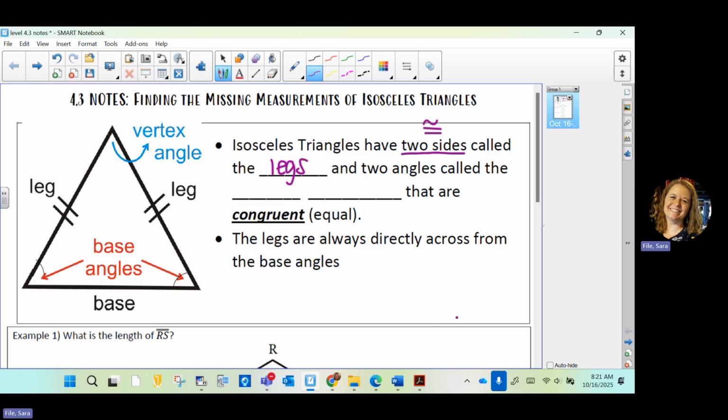Okay, and then it has two congruent angles. Again, the angles are congruent as well, and they are called the base angles. Okay, these are down here in this picture.